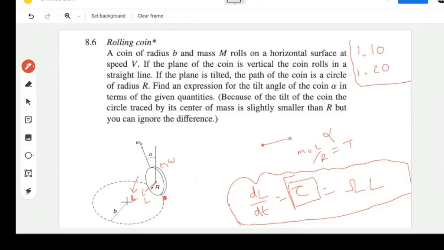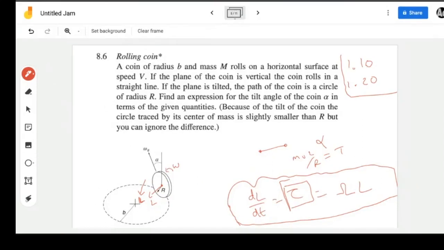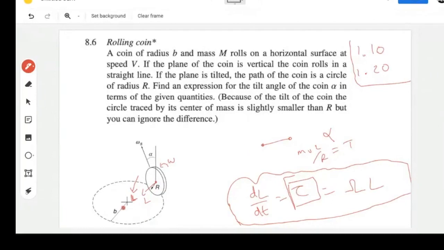So we have a rolling coin. The coin's radius is R, and B is the radius of the movement of the coin, I mean this circle, this one.